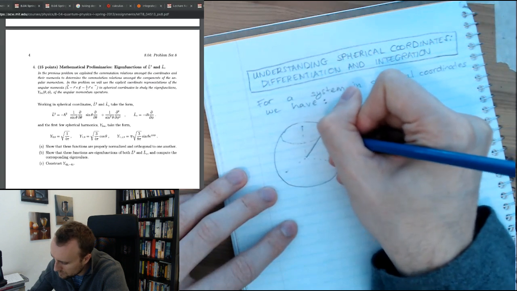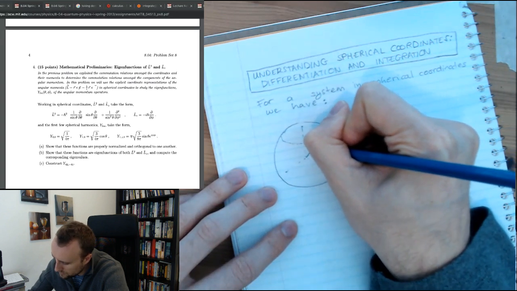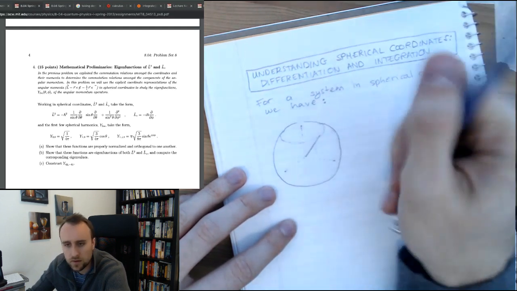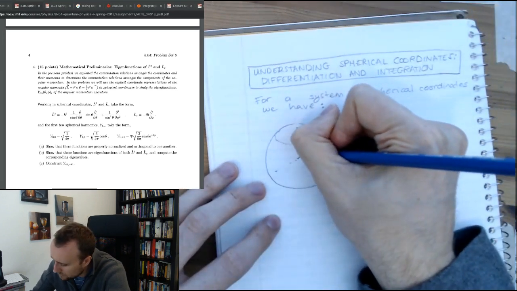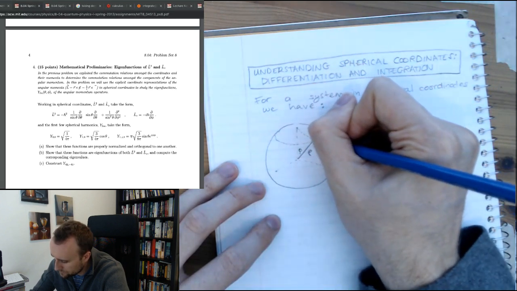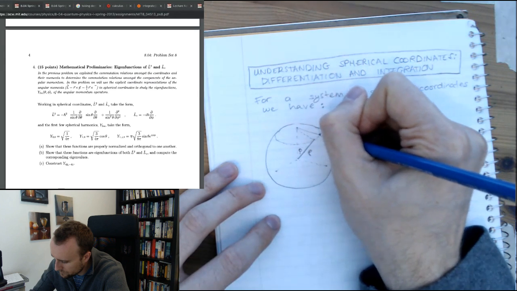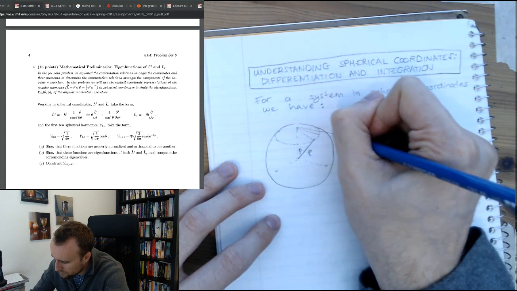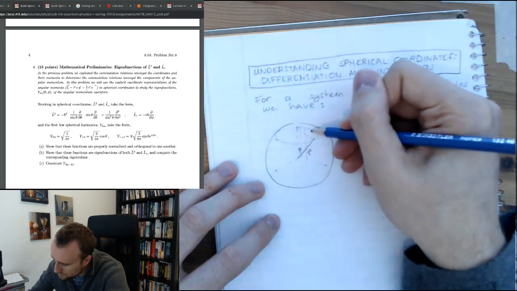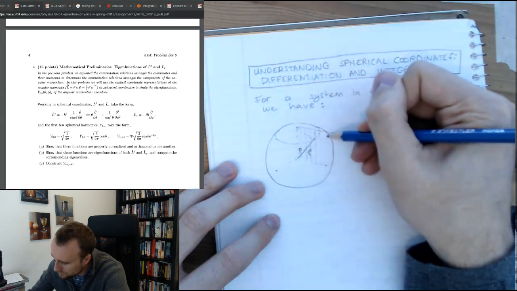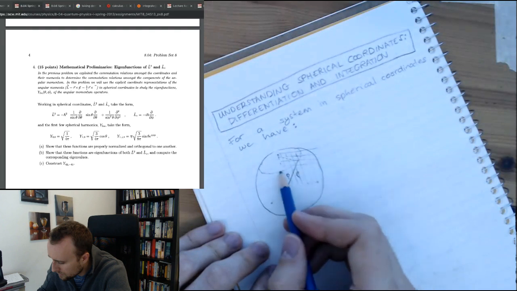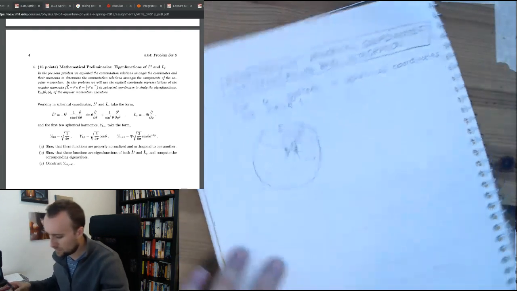So we have rho, is that how you do rho? I think rho looks like this, yeah, rho, theta. Let me just do it with the pen so I can make it a little clearer here.